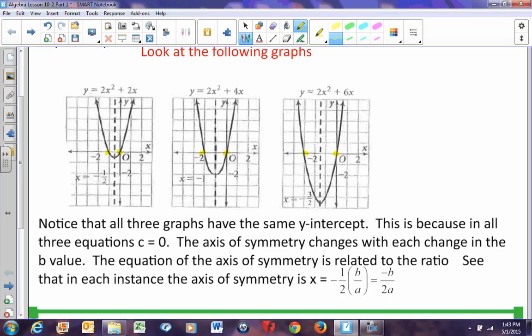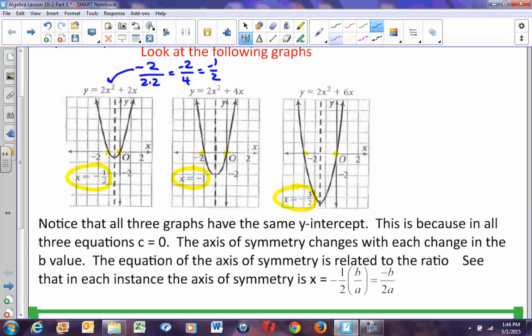The equation of the axis of symmetry is related to the ratio. Hopefully you can see that in each instance, here's my axis of symmetry: x equals -1/2, x equals -1, and x equals -3/2. So if you look at our original graph, x equals -1/2. If I take -2 over 2 times 2, I get -2/4, which is -1/2.